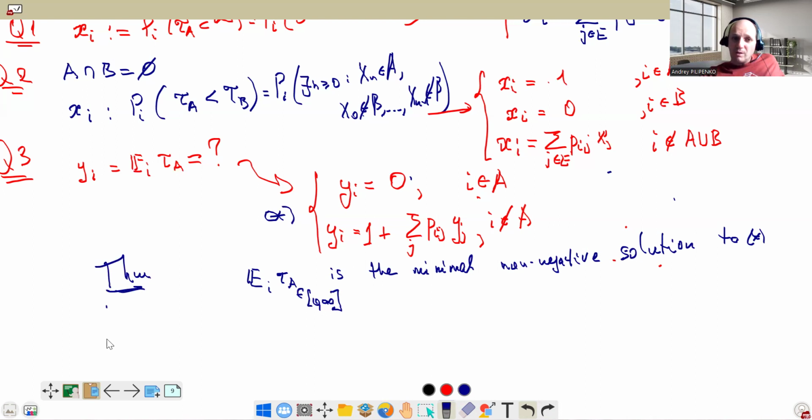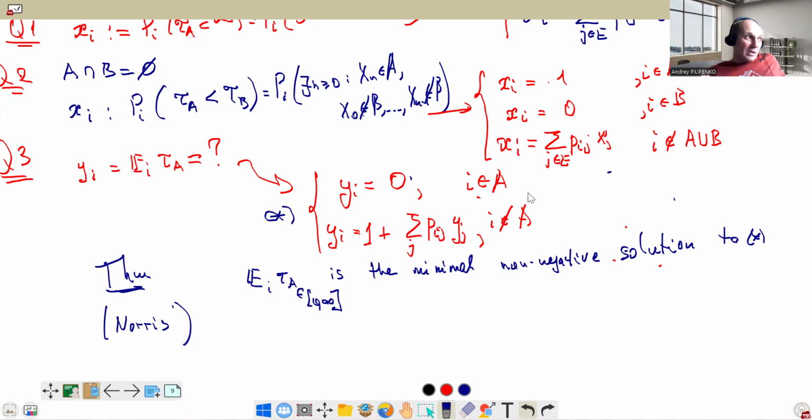This is a theorem, and the proof you may find, for example, in the book of Norris, Markov Chains. And the formulation means this: this is a solution. We know this solution is non-negative, yes, but maybe infinite.